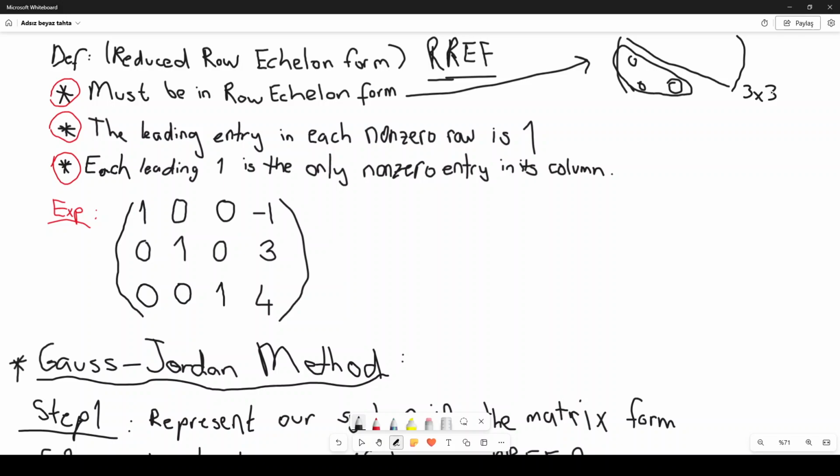And if it's not a square matrix, then again we look at the number of zeros in the successive rows. In other words, if we have no 0 in the first row, then we must have at least 1 0 in the second row, right? Say this is the very first element in the first row, and this 0 is the very first element in the second row and in the third row.